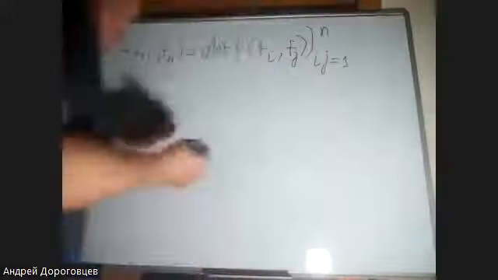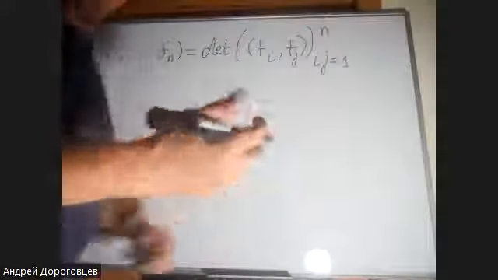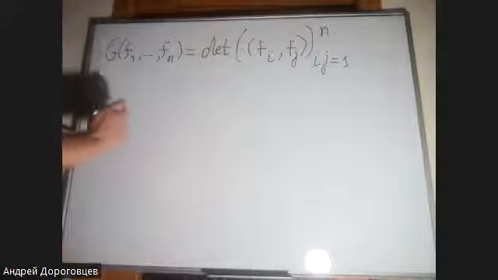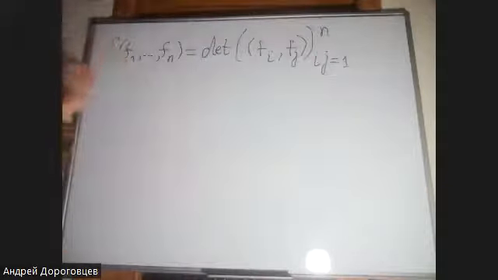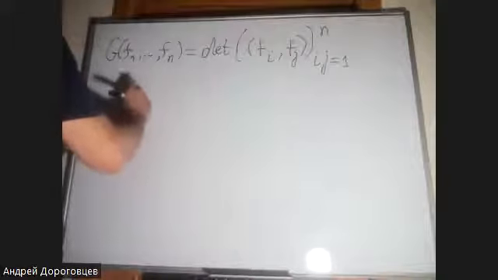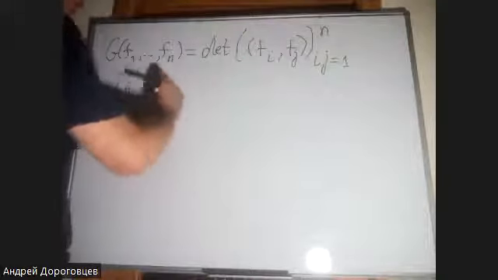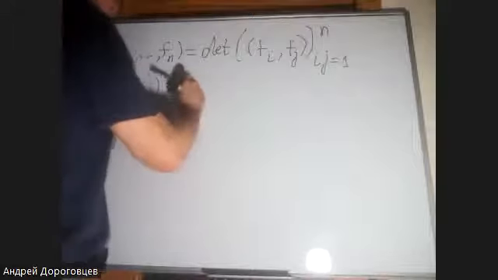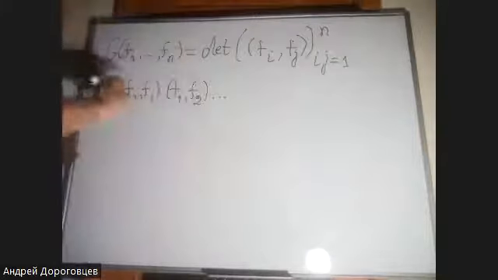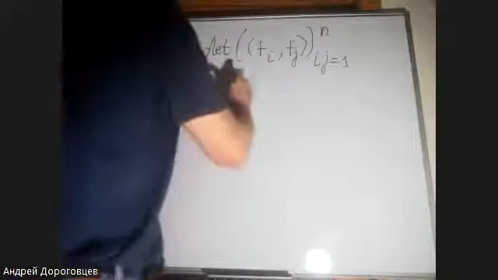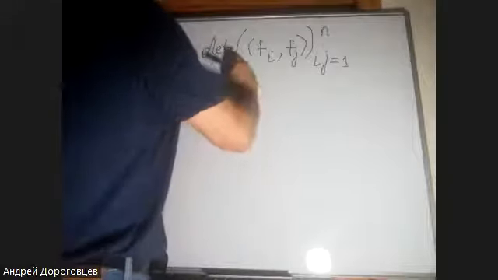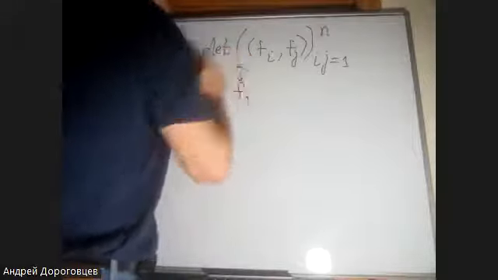For example, relatively to the Cramer rule which we discussed at the end of the previous lecture, let us consider the following determinant: (F1, F1), (F1, F2), and so on. But instead of (F1, Fk), I will put simply F1. So this is the k-th place.